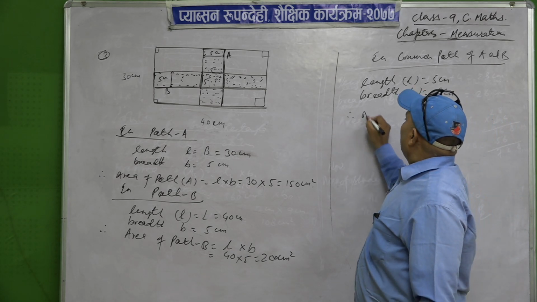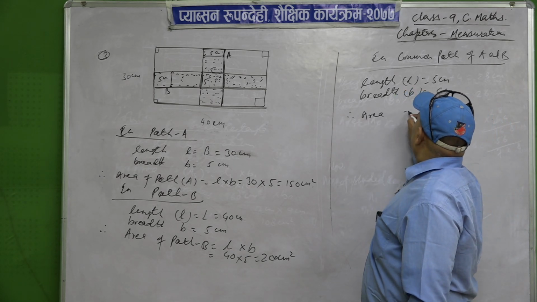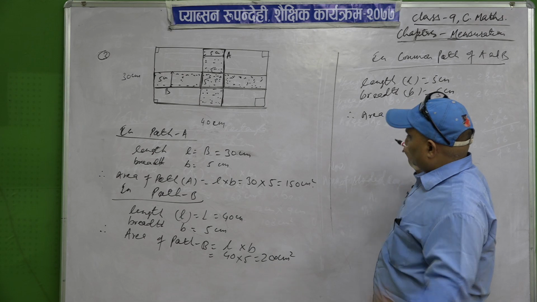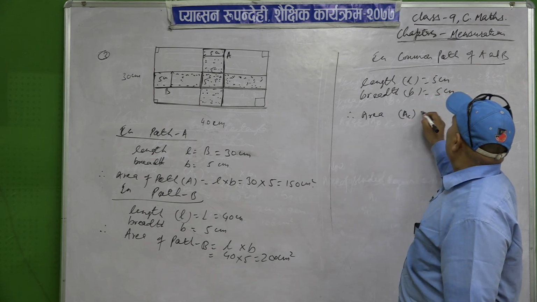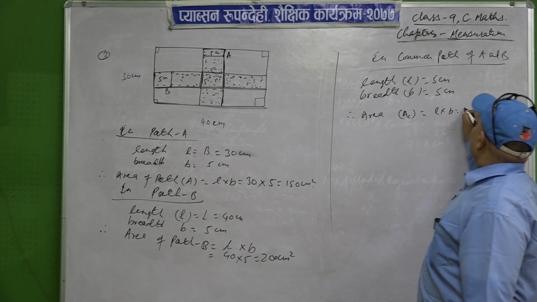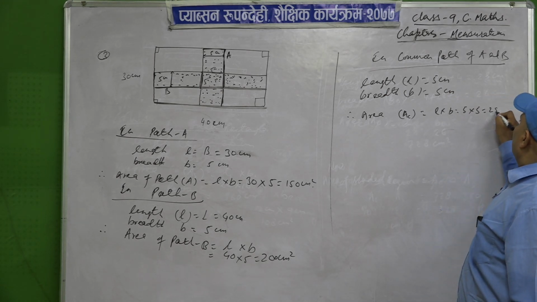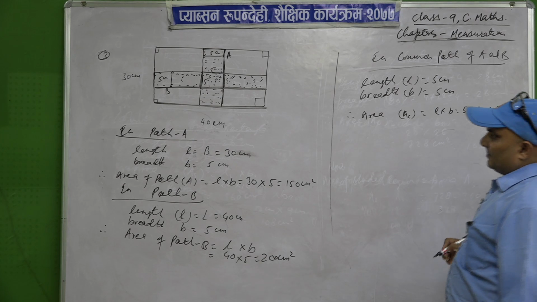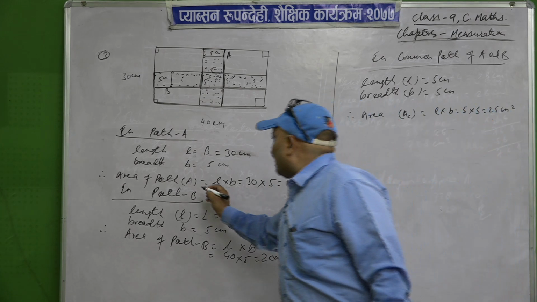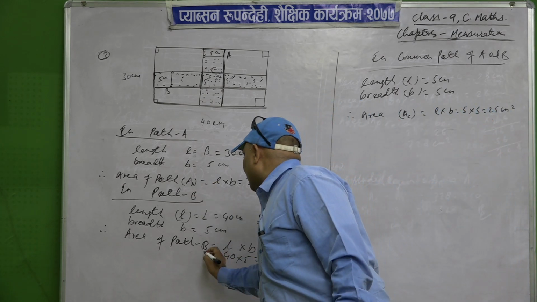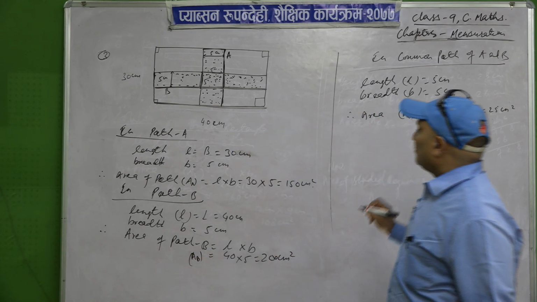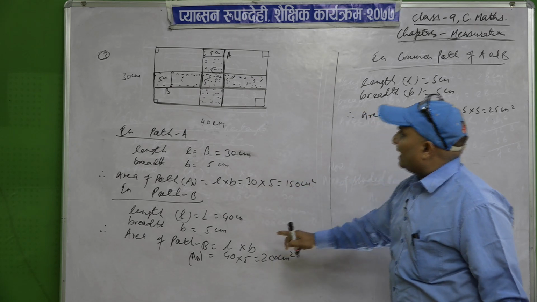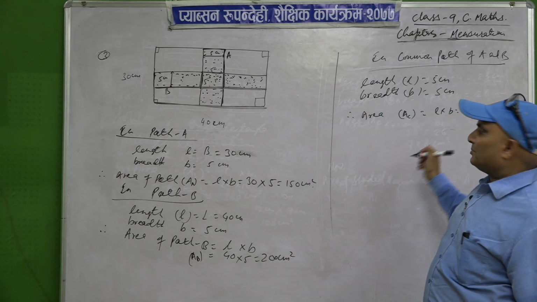Therefore, area of common path, area AC, you can write common path is L into B, that is 5 into 5, that is 25 centimeter square. Now what we do? We add these two areas and we subtract the area of this common path.